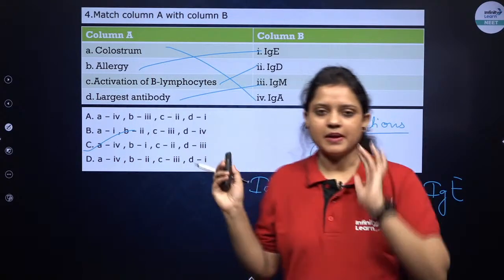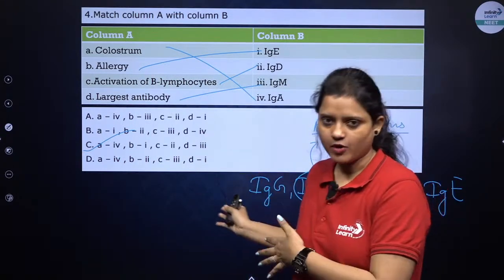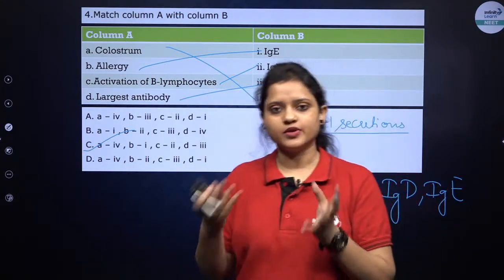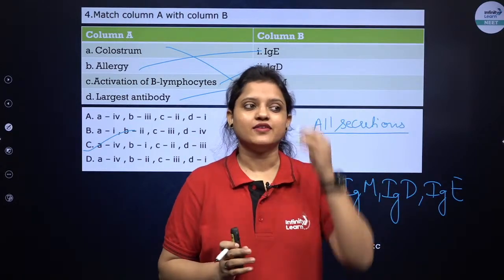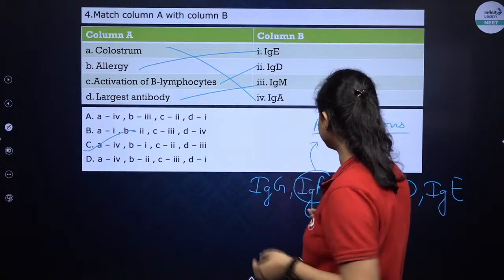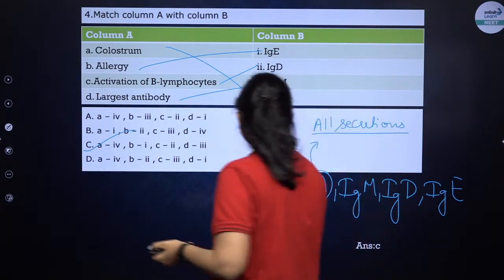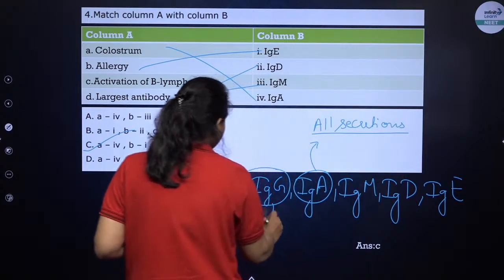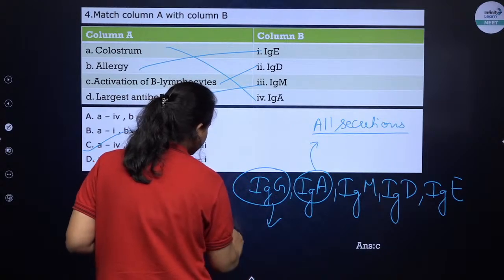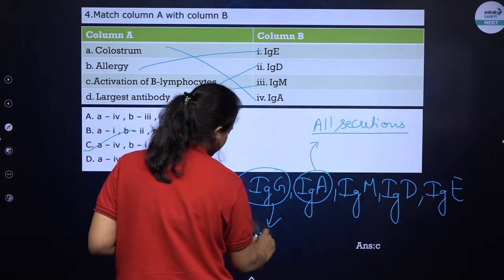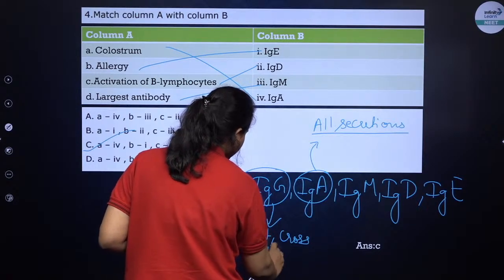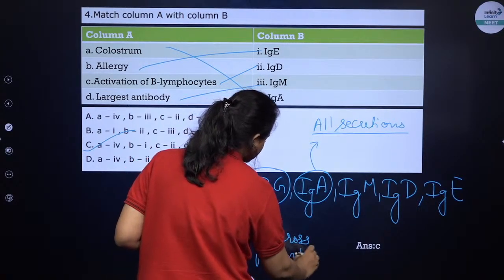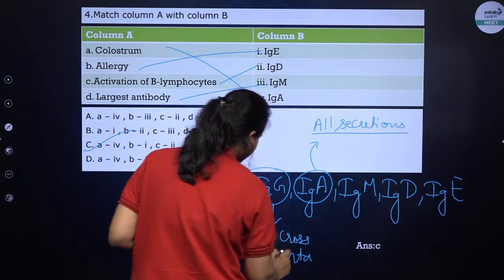Okay. Remember the names of these antibodies. Ig stands for immunoglobulins. These are actually plasma proteins which is present in your blood. Right? So remember about IgG. IgG is the smallest antibody and it can cross placenta. Very important. It can cross placenta.